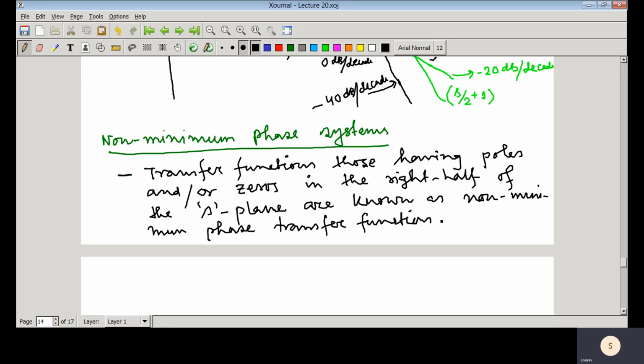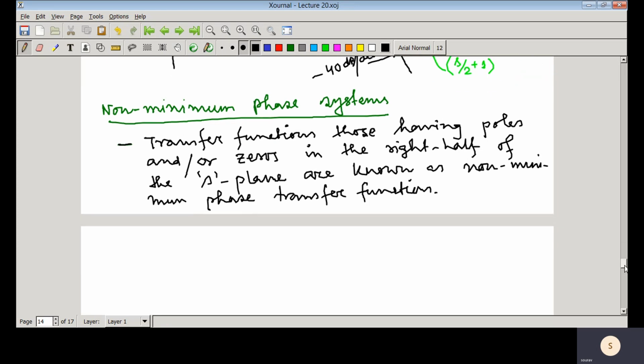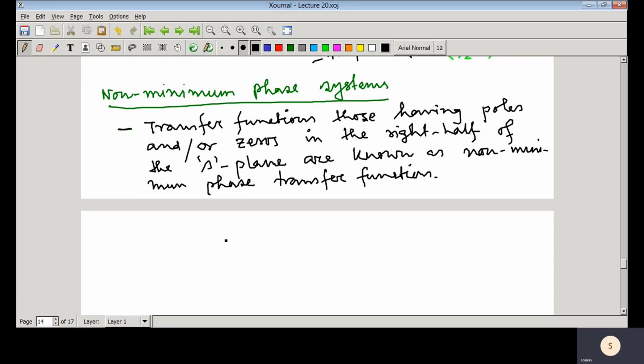We have discussed it in the time domain analysis. If there is a zero on the right half of the S-plane, we have seen what the time response would be. If this is t and this is y(t), there would be one negative kick, a negative overshoot, and we have seen that.